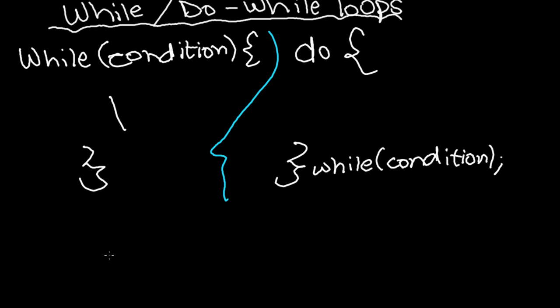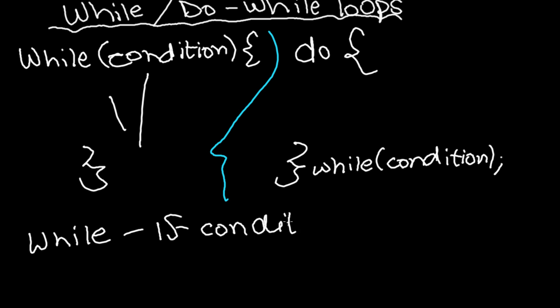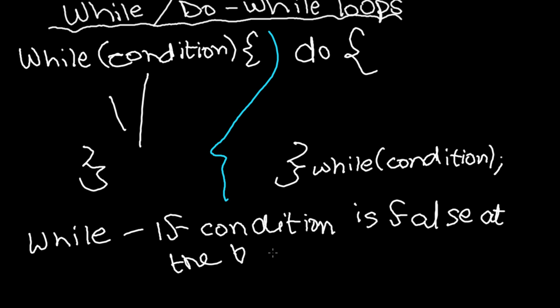Now that being said, between while and do while loops you can use either. The difference between a while and a do while loop is, in a while loop, if the condition is false in the first run, it will not enter the loop. So mind you, if the condition is false in the beginning, the while loop will not run.